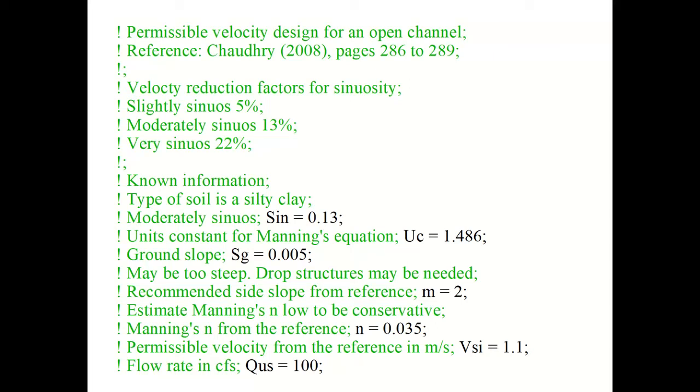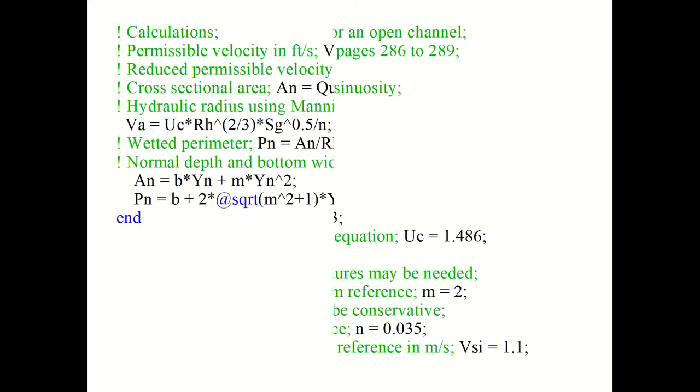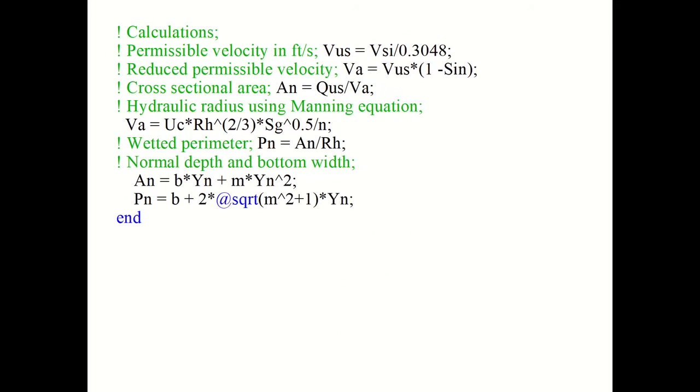This is obviously from a Lingo file, and it shows a list of all of the knowns. The implementation in the Lingo file of these equations is shown on this slide.